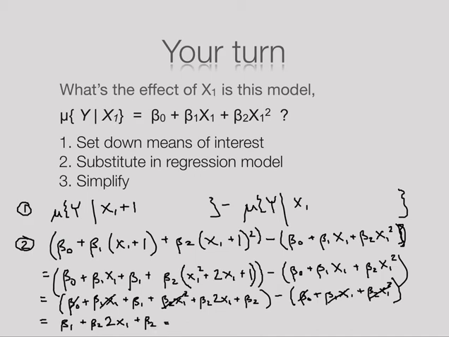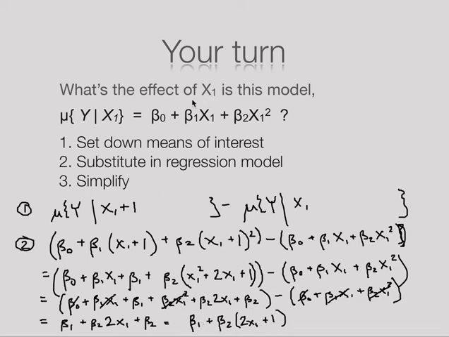I could simplify that a little bit further by gathering together my two beta 2's and write it as beta 1 plus beta 2 times 2x1 plus 1. So I'm finished at this point.